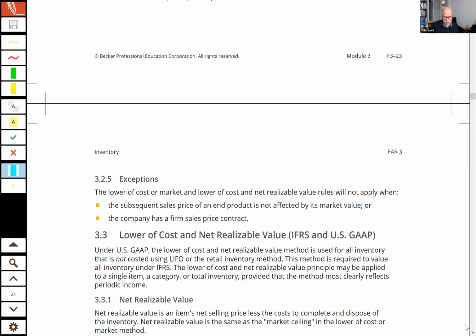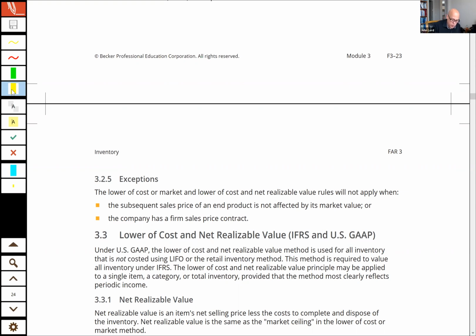You can carry them above cost if it's precious metals. You can carry them at cost, even if their market is lower than the cost, if the ultimate product is not affected, or if you have a firm sales contract to sell it at an amount at cost or above cost. So that was sort of where we stopped, as I recall.